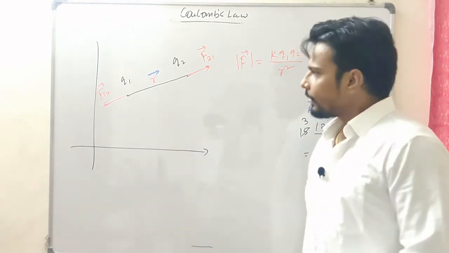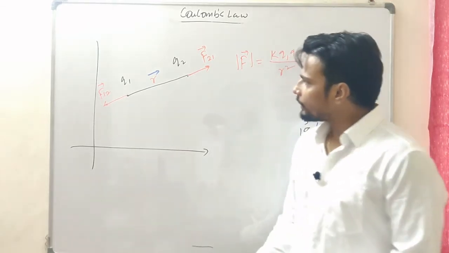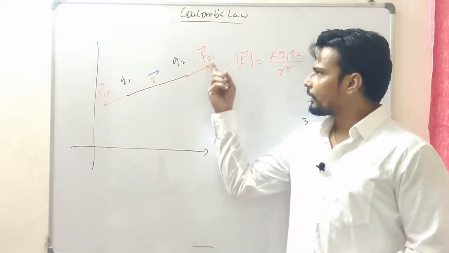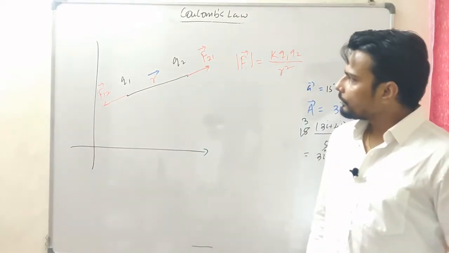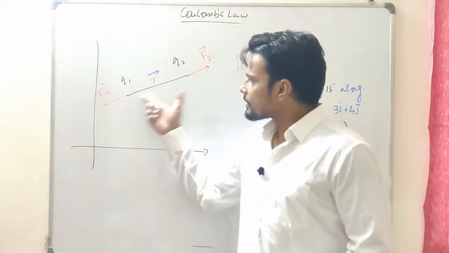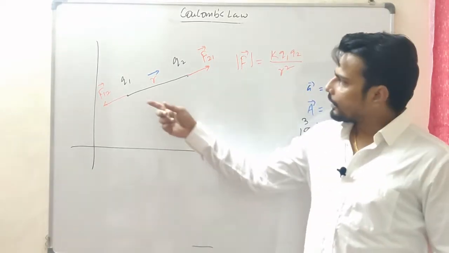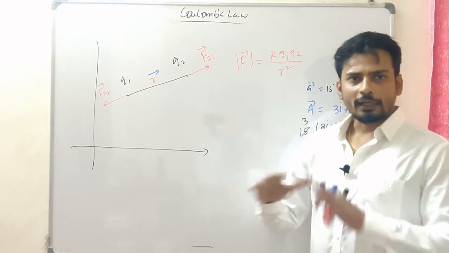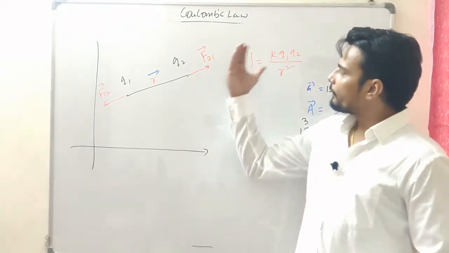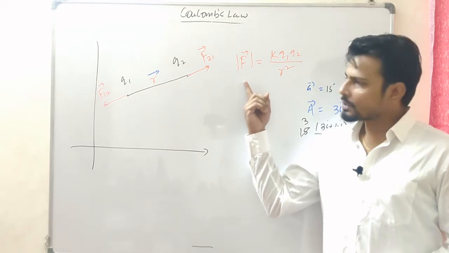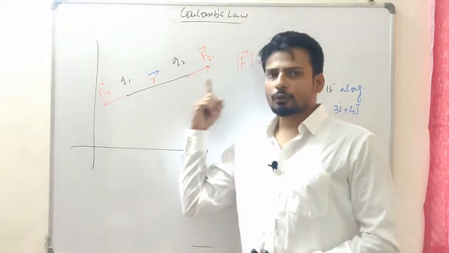Very simple. Now what I'm going to do over here, I know the magnitude of this vector, this force F of 2 1, but I just want to write it along this vector, isn't it? Because the force will be acting along this line joining q1 and q2. So the idea is very simple. In the vector form of Coulomb's law, we get the magnitude of the force along the direction joining those two charges, right?